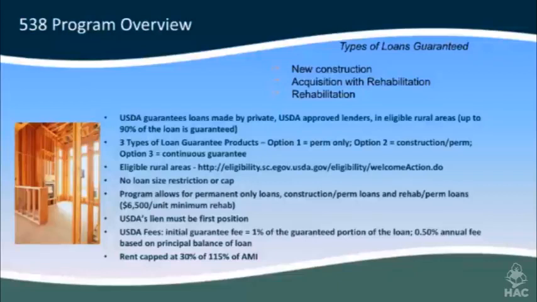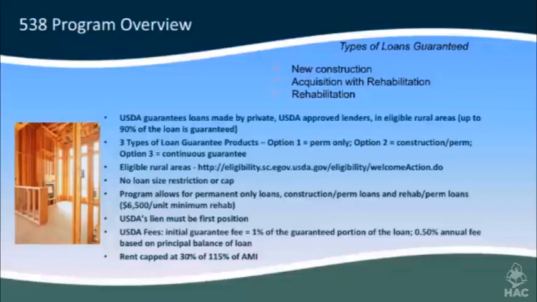Eligible rural areas can be found at the link provided in the presentation that you're seeing on your screen. So again, it has to be an eligible rural area to be qualified. There is no loan size restriction or cap. However, any loans that are greater than $5 million will have to come into headquarters for review.